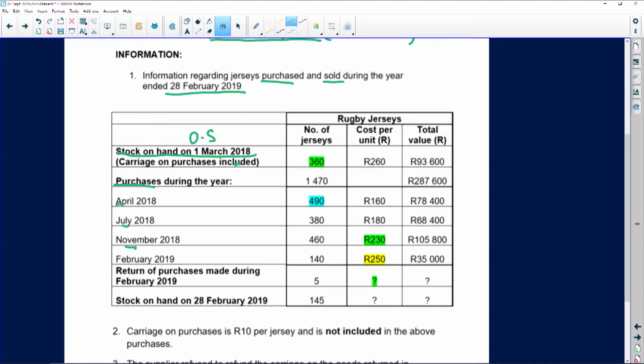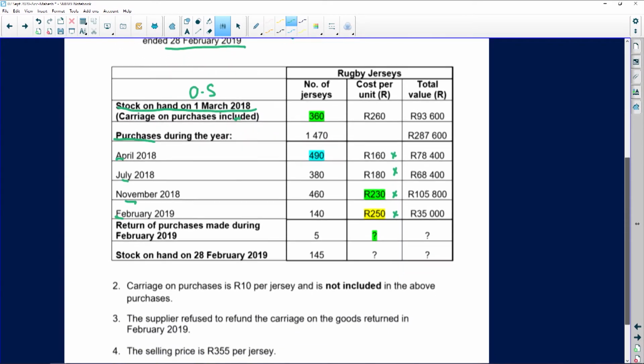And as expected, the purchase price for each month is different. So April, July, November, and February, as you can see, the purchase price for each month is obviously different, because that's what often happens. Your cost price will be different every time you purchase stock.